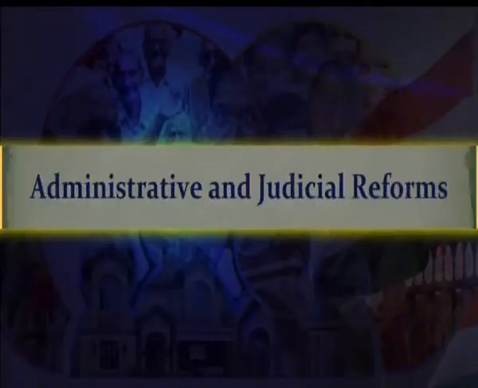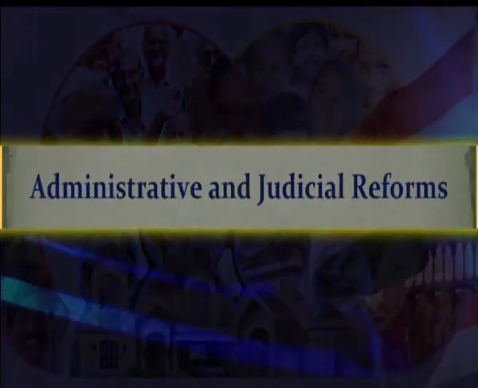Now, administrative and judicial reforms are also one of the important corrective measures we can see. The corrective measure primarily depends on the efficient functioning of administration and independence and righteousness of the judicial system. But on both counts a lot needs to be done.